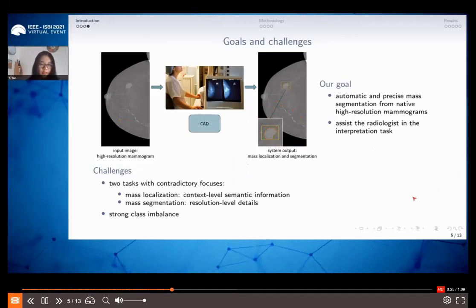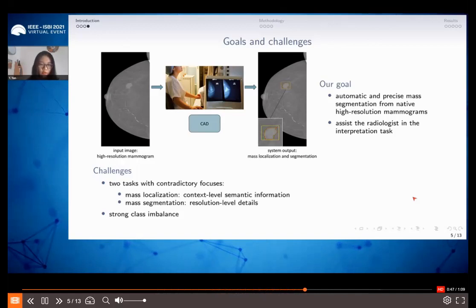The challenges are that localizing mass areas from mammograms and finding precise boundaries for each mass are naturally 2 tasks with contradictory focuses. Mass localization focuses more on the context-level semantic information, while mass segmentation focuses more on the resolution-level details.